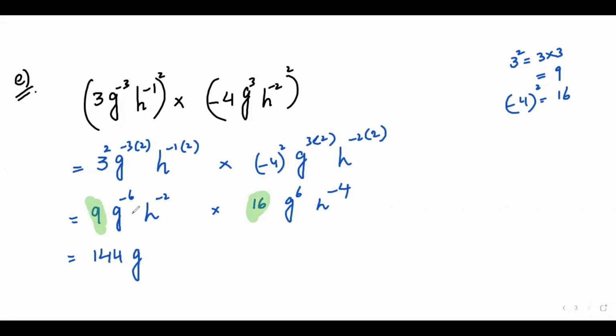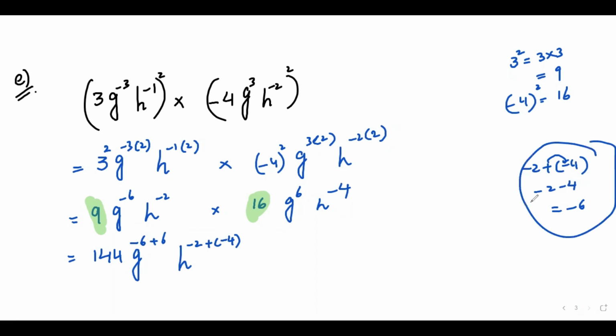144. As the base is the same and in between there is a multiplication sign, it means that you have to add the powers. So minus 6 plus 6, h power minus 2 plus minus 4. And we know that minus 2 plus into minus 4 will be minus 2 minus 4, because plus minus becomes minus. So finally it will be minus 6.